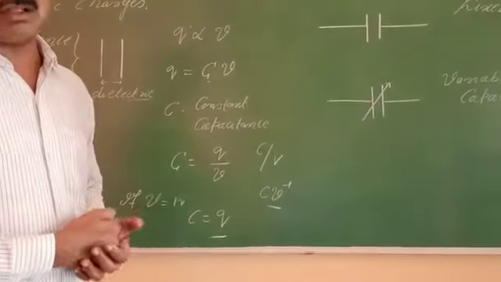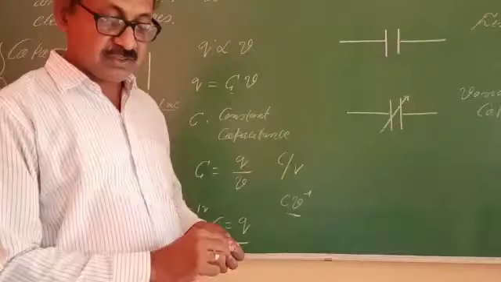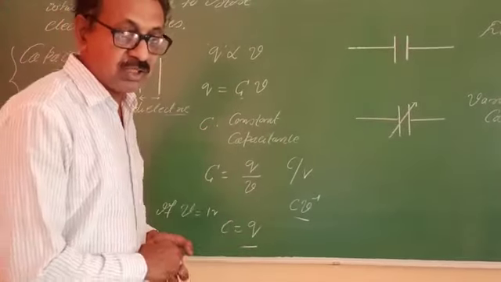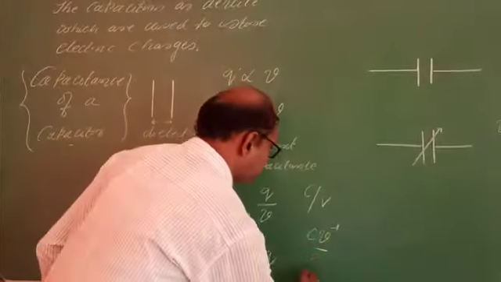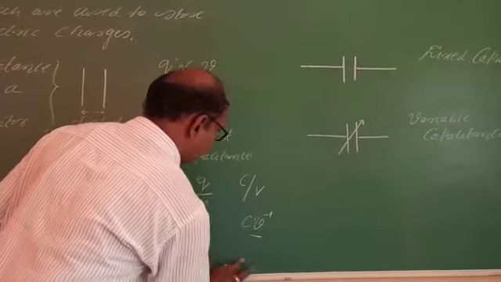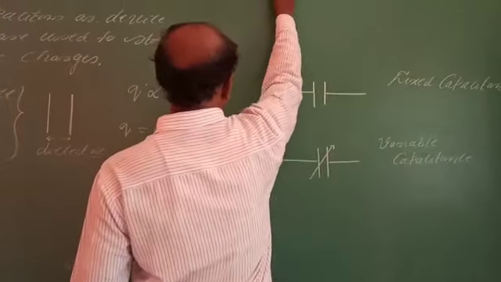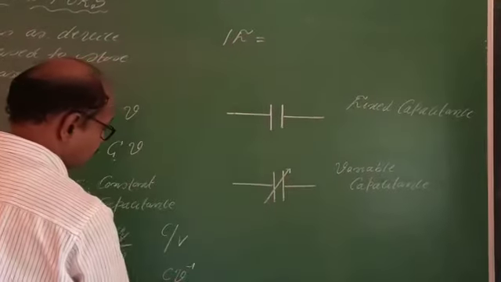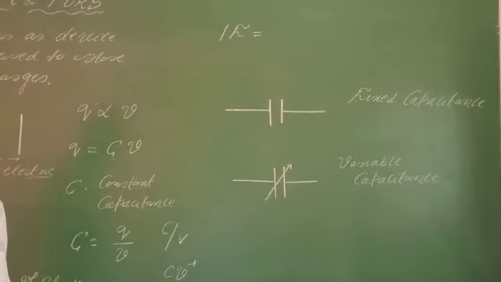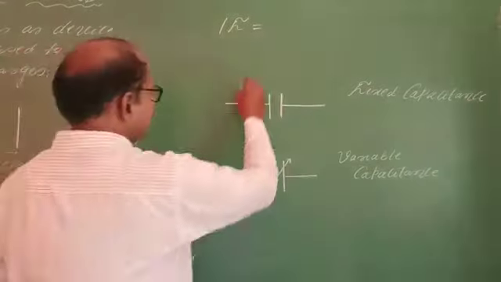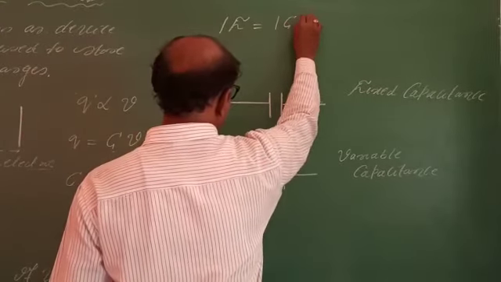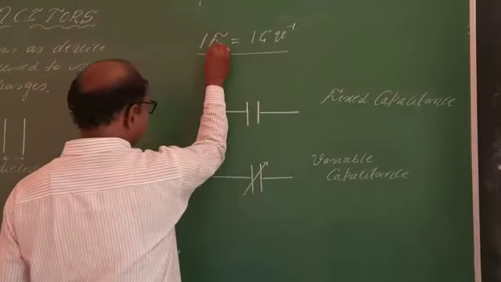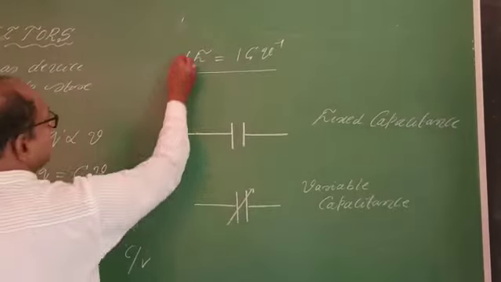The unit of capacitance is the farad. 1 F, 1 farad, is equal to 1 coulomb per volt.